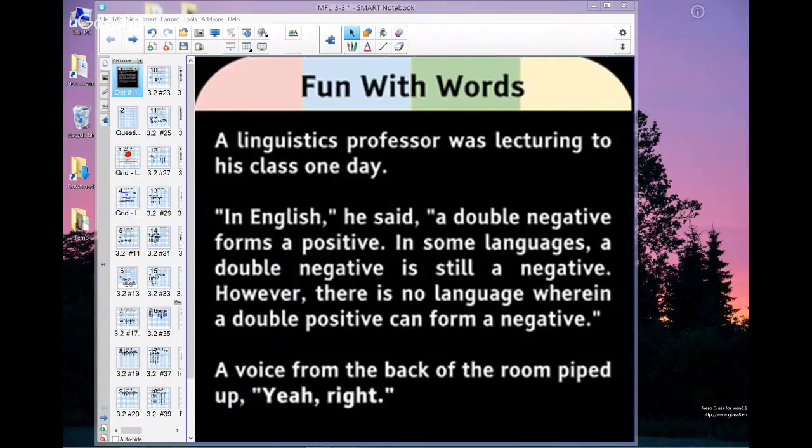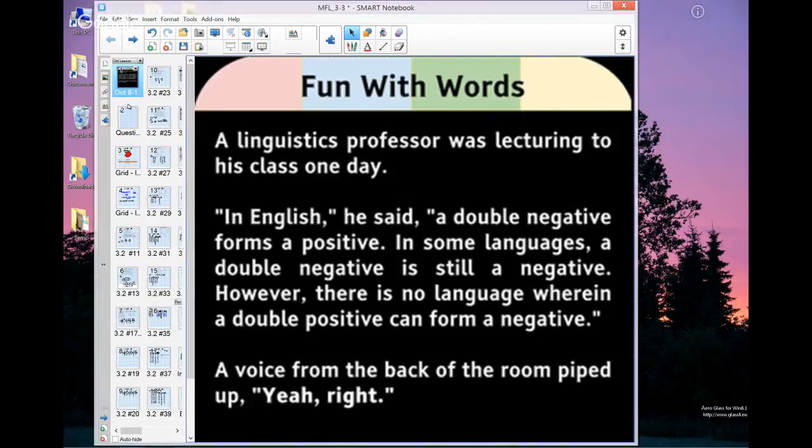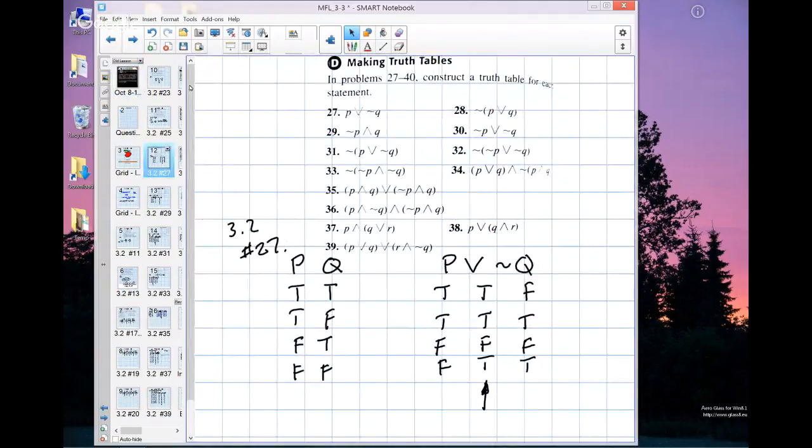Could we do one of the truth tables from 3.2? Yes, we sure can. Which one did you have in mind? 27. Okay. So I've set up number 27 here. I put some of the book problems, so it's a good thing, because I'm caught here without my book today.